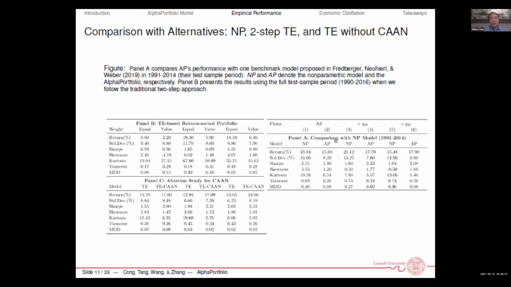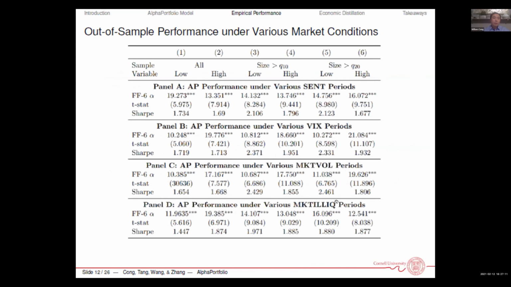Similarly, we can compare it with benchmark models that use similar inputs, and we do have consistent outperformance after excluding small stocks. But to the authors' credit, their goal was to minimize pricing error rather than optimizing the portfolio performance per se.